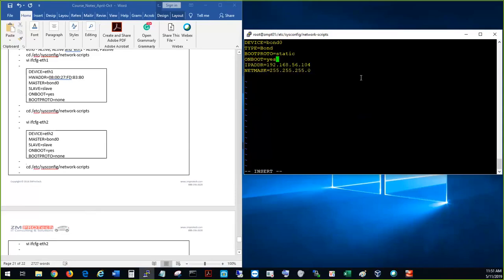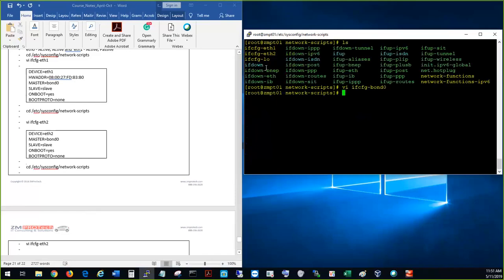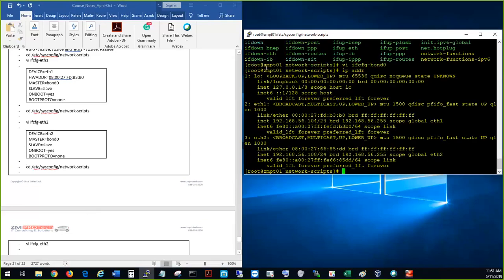Okay, so let's see here. Nothing has changed. It still has the IP address, and this is the dynamic IP address assigned by the system.